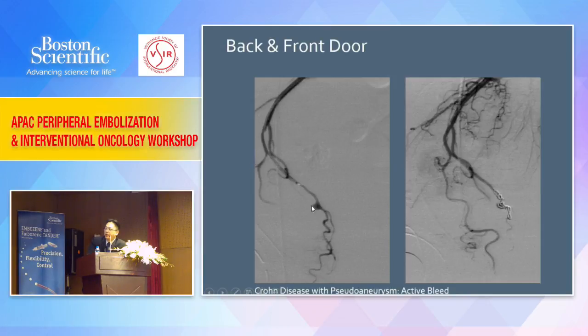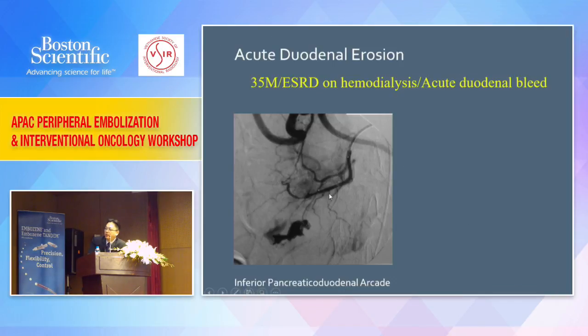And another patient, rectal bleed in a patient with Crohn's disease with a pseudoaneurysm of the superior rectal arteries, where we have to really block both sides to achieve control. Another patient, this is the inferior pancreaticoduodenal arcade in a 35-year-old patient with ESRD on dialysis, acute bleed from the ulcer. Based on this, where will you drop your coil? A lot of people think, I must be here, so you drop a coil here.